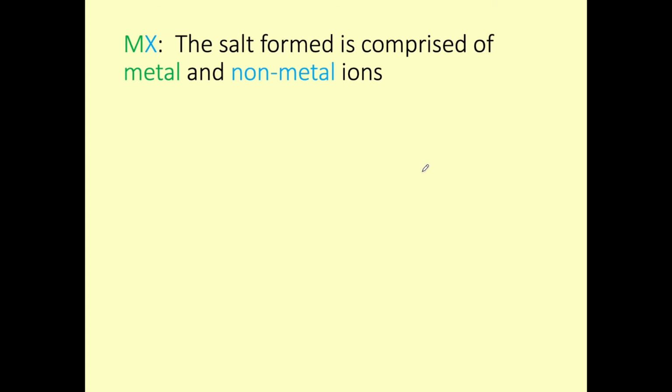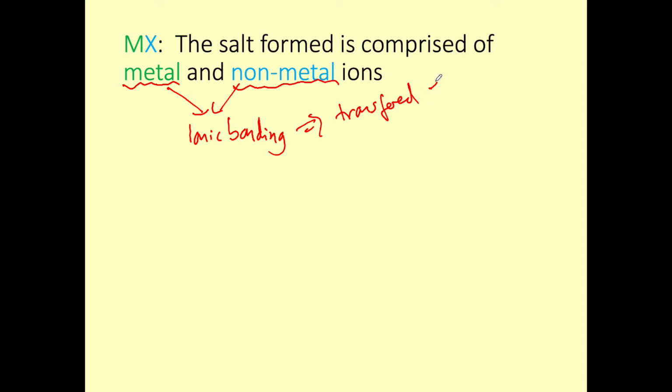So the salt that's been formed has been made up of both metal and non-metal ions. When we deal with metal and non-metal ions, we have ionic bonding. And that's what we looked at a couple of topics ago, where electrons are transferred, so our metal loses and our non-metal gains.